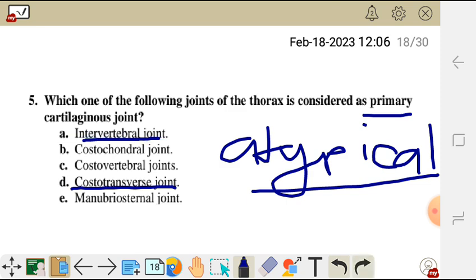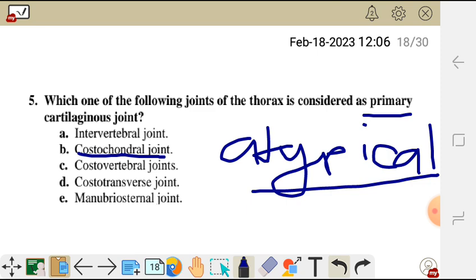And then the costochondral joint is a primary cartilaginous joint. It is held together by hyaline cartilage. So the correct answer for question 5 is B.